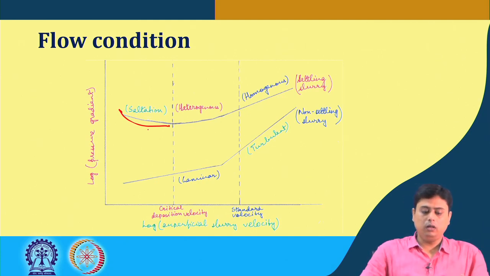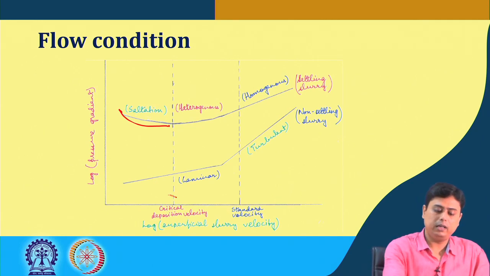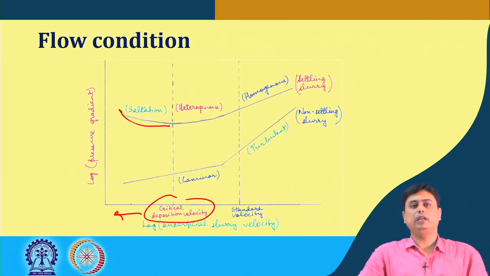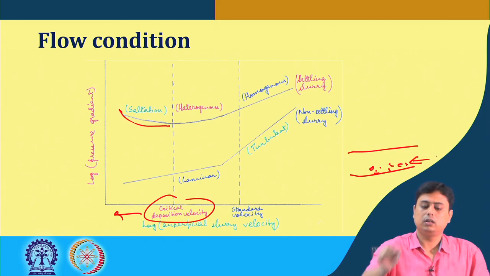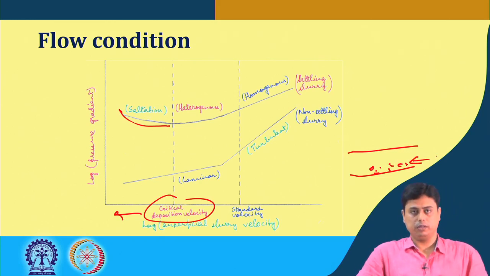If we go below the critical deposition velocity, the pressure drop in the settling cases increases because the particles have settled at the bottom. Now it requires higher pressure drop for its movement. It is not further suspended in the fluid cross sectional area.